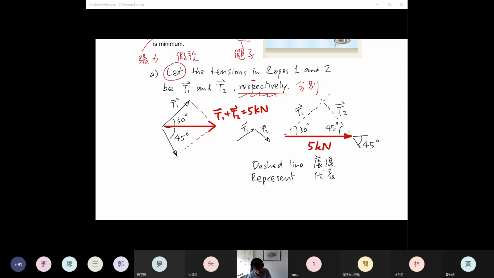This dashed line represents T1 and this dashed line represents T2. After you draw the figure, please raise your hand and let me know. Thanks.